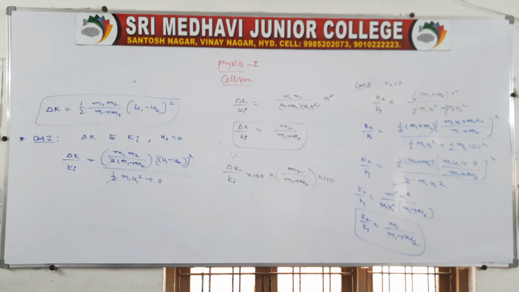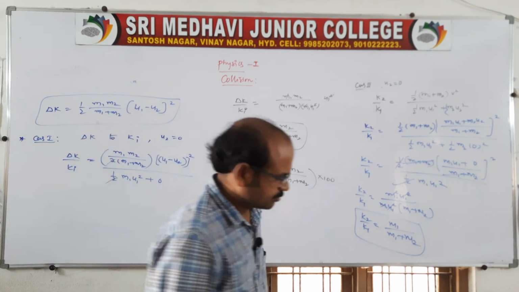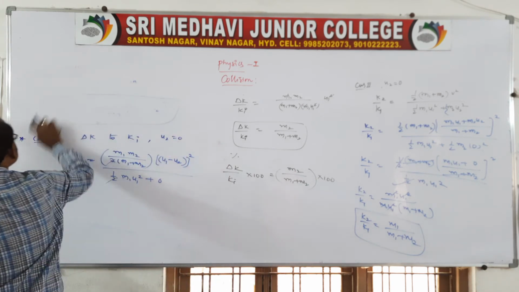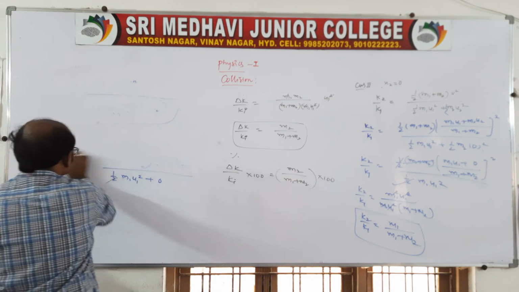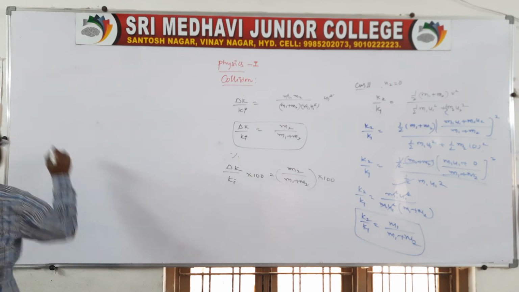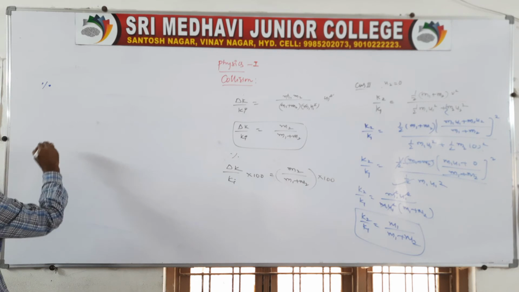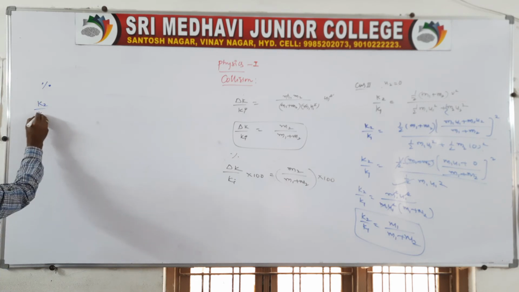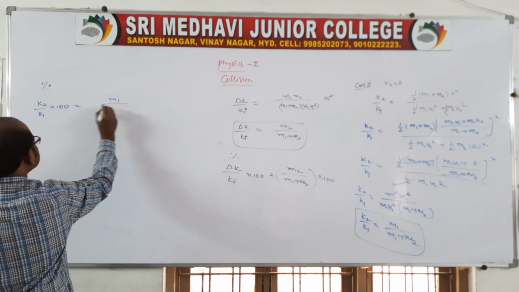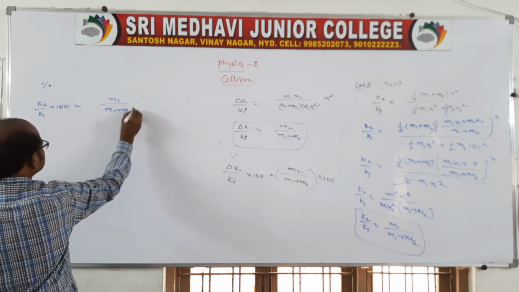We can say fractional change in kinetic energy. Suppose you are asked for the percentage change in kinetic energy; for that you multiply by 100. So the percentage change is K2 by K1 into 100, which is m1 by m1 plus m2 into 100.